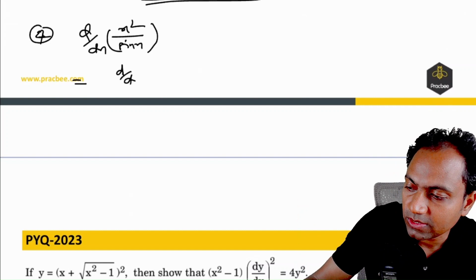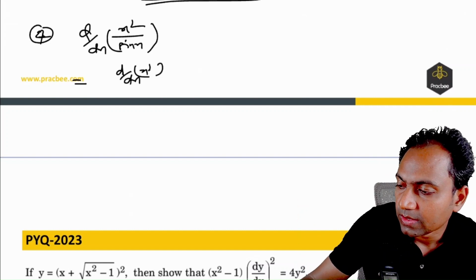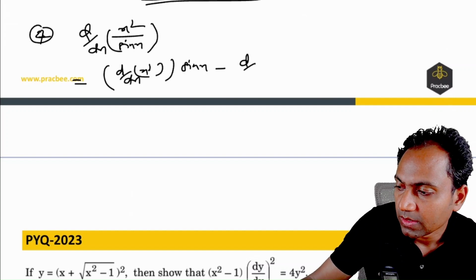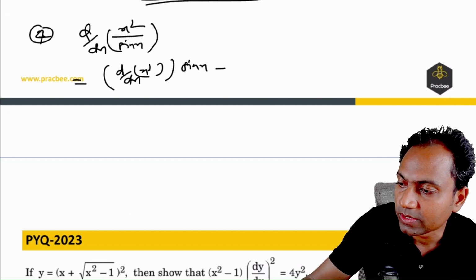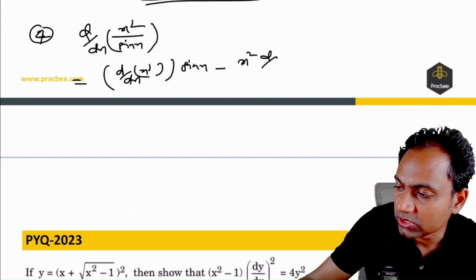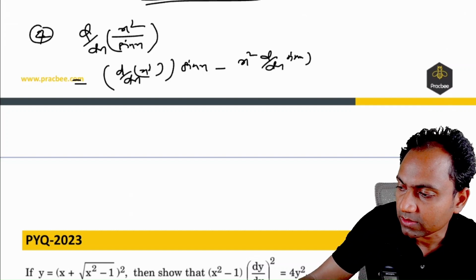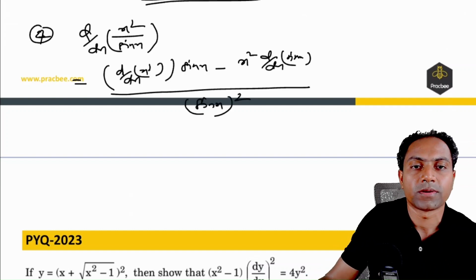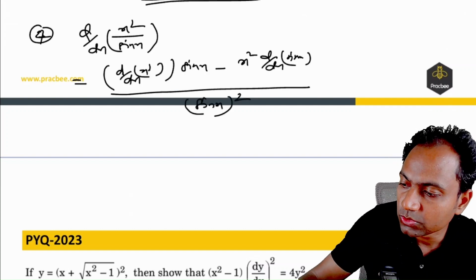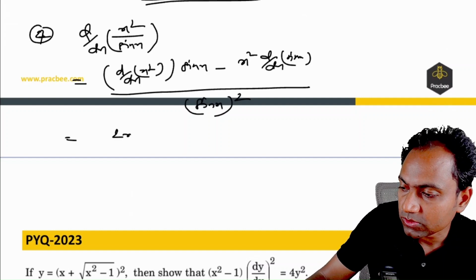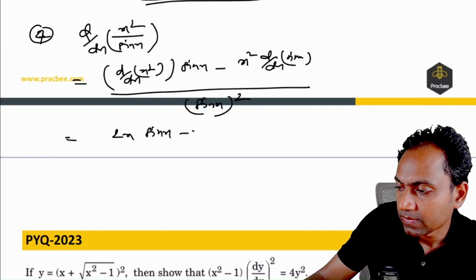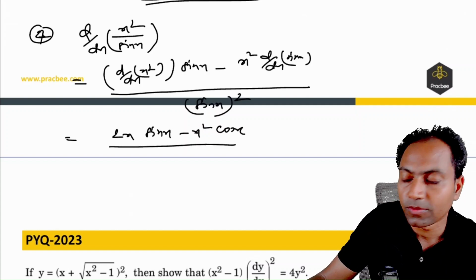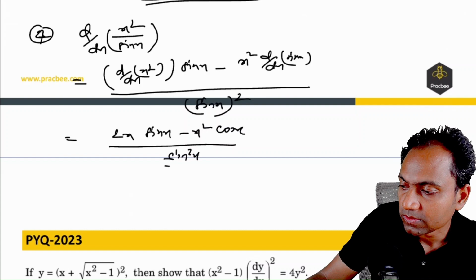You differentiate the numerator and multiply the denominator with it, then put a minus sign, write the numerator, differentiate the denominator and multiply with it, and divide the whole thing by the square of the denominator. If I do so, the numerator becomes 2x into sine x minus x square into cos x, and the denominator becomes nothing but sine square x. So this is the answer.